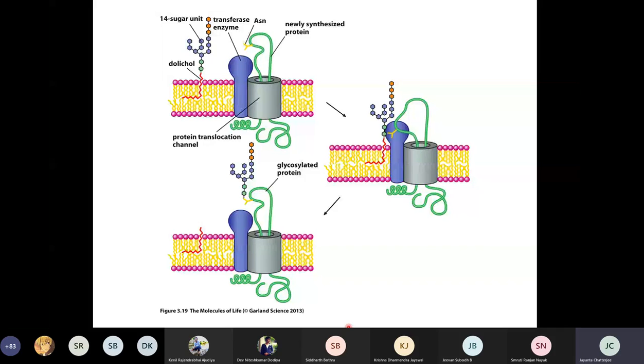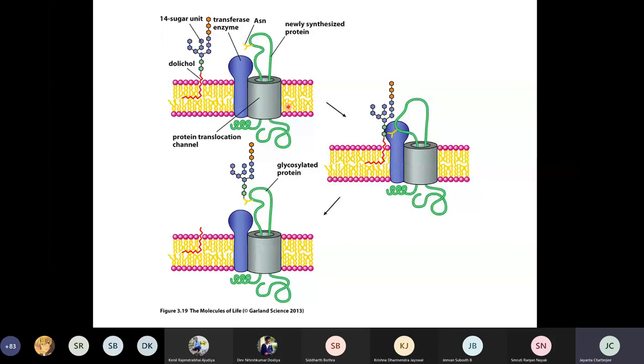Okay, and it's known that N-linked glycosylation is more like a co-translational process, meaning that as the protein is being synthesized, the glycosylation spontaneously takes place on it.